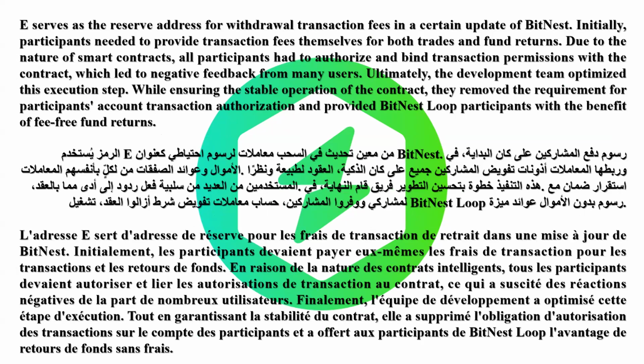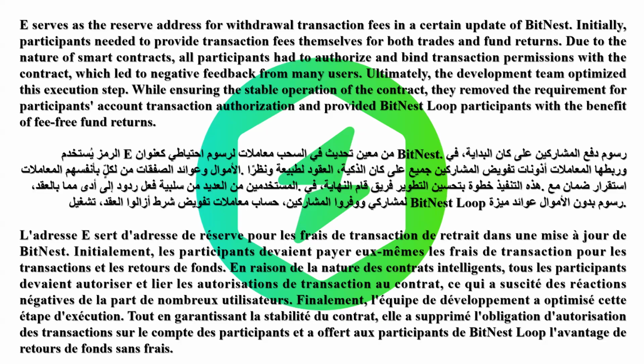And then how about the E? The E serves as the reserve address for withdrawal transaction fees in a certain update of BitNest. Initially, participants needed to provide the transaction fees themselves for both trades and fund returns. But due to the nature of smart contracts, all participants had to authorize and bind transaction permission with the contract, which led to negative feedback from many users.